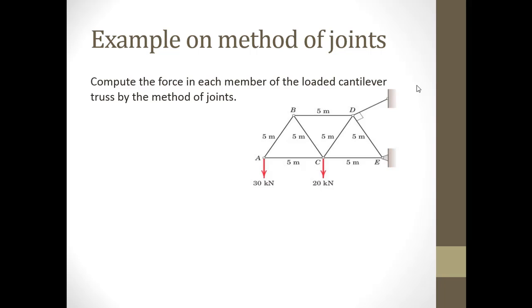The question needs us to calculate all the member forces on this truss. The truss is just like the previous chapters, but the huge difference is that in the previous chapters we wanted to find the external forces, but in the truss chapter we should find the internal forces, which is this and so on.